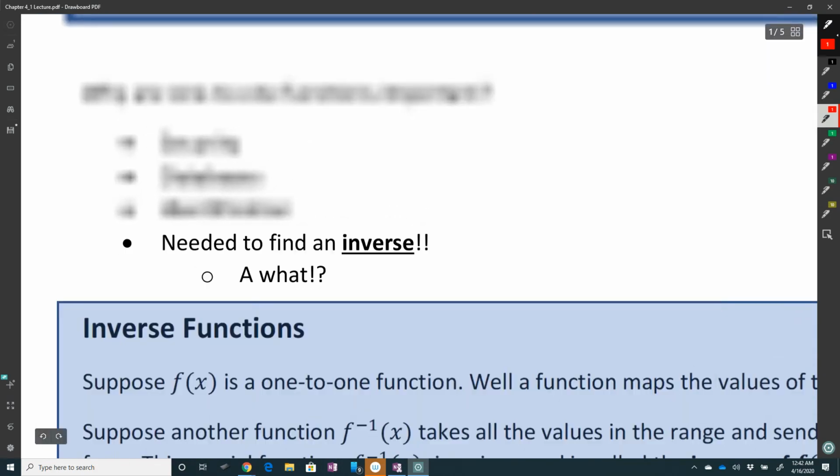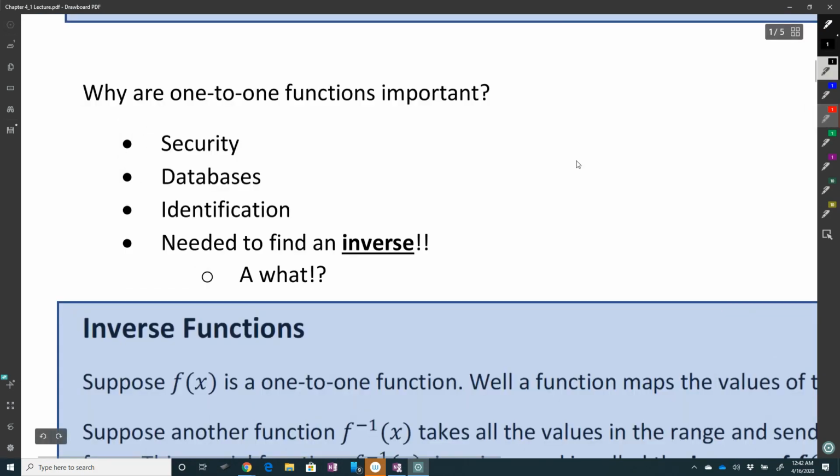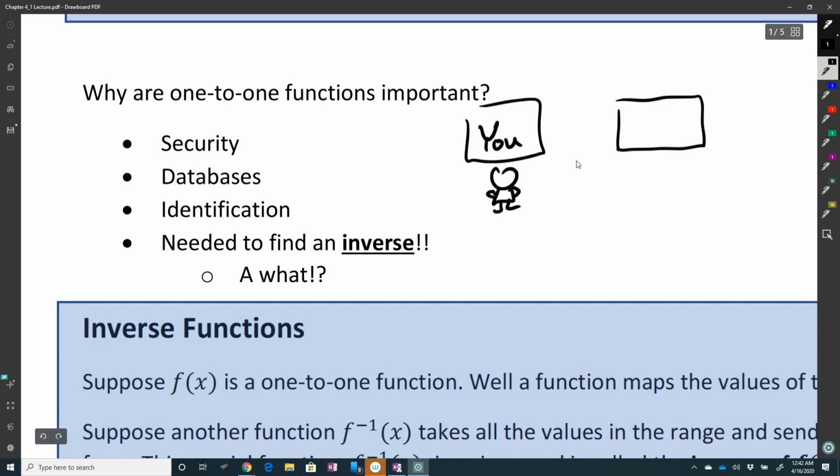So anyway, why do we care about one-to-one functions? Well, the main thing is security. Any kind of ID, let's say, credit card.